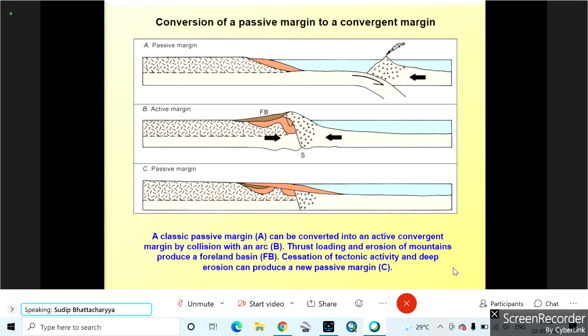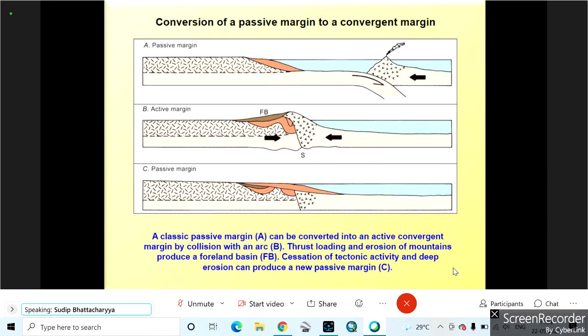Now conversion of a passive margin to a convergent margin. All these things are very important because we are describing basins, and basins are a part of either an active or a passive margin or the interior of the continent. In a continent, interior part, we know the intracontinental Rift Valley system we just discussed.